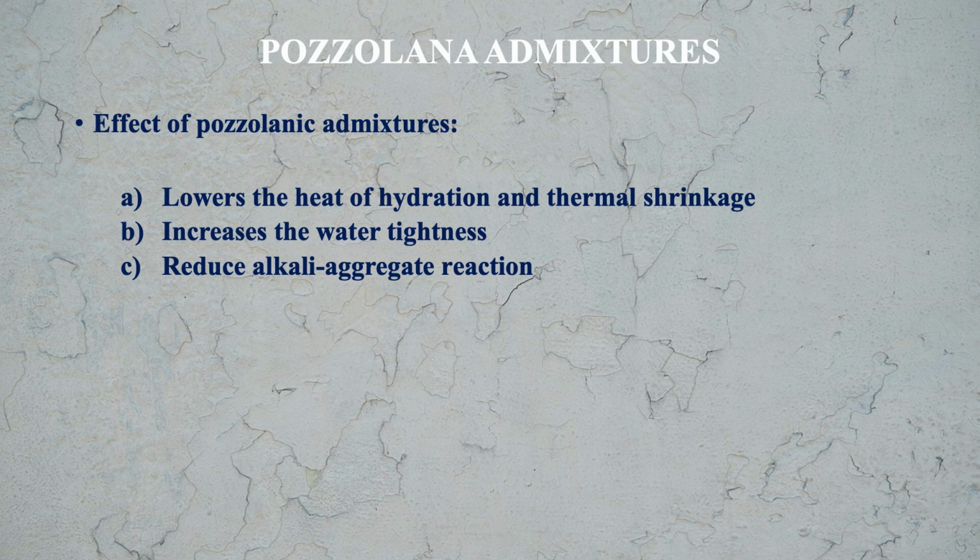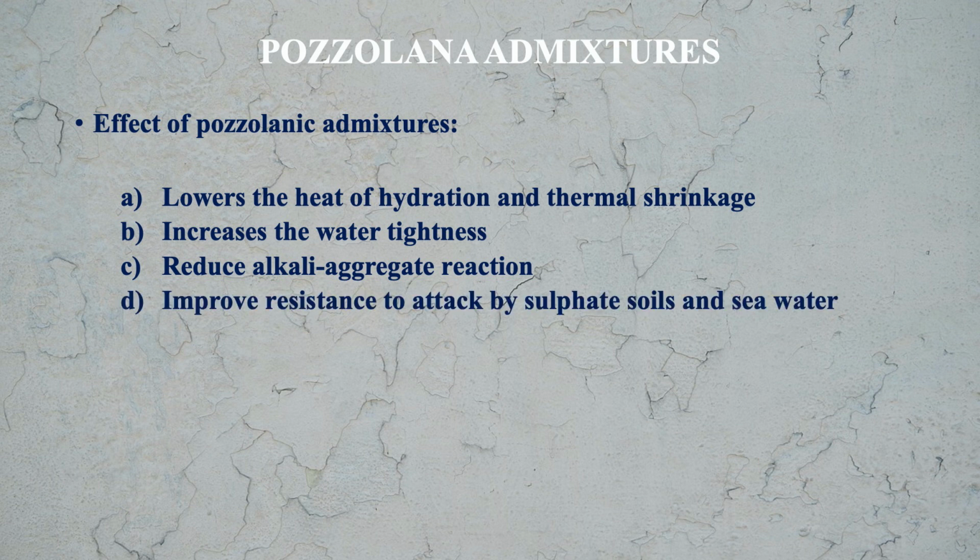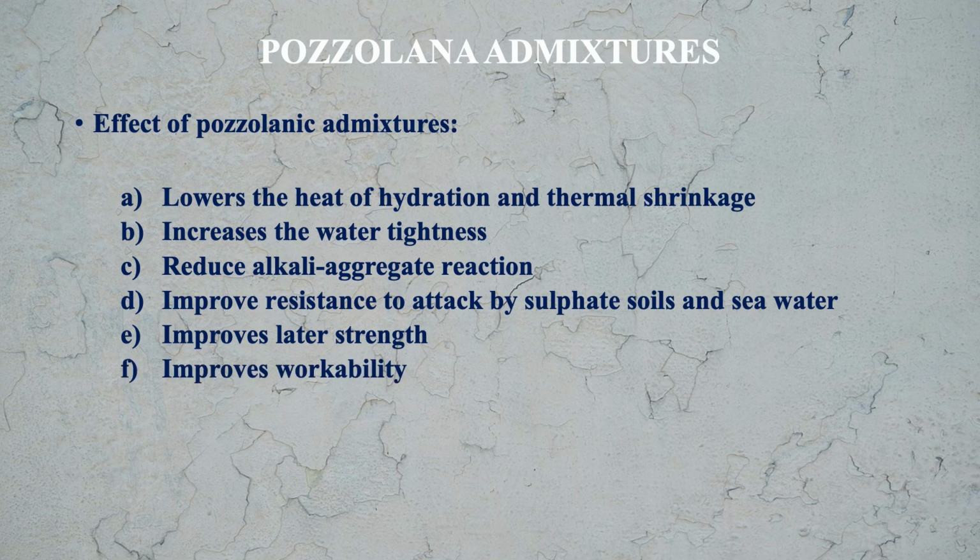Also, their use improves resistance to attack by sulfate soils and seawater. Also, the use of pozzolanic admixtures improves the strength. They also improve the workability of the concrete. So these are the advantages that we draw by use of the pozzolanic admixtures.